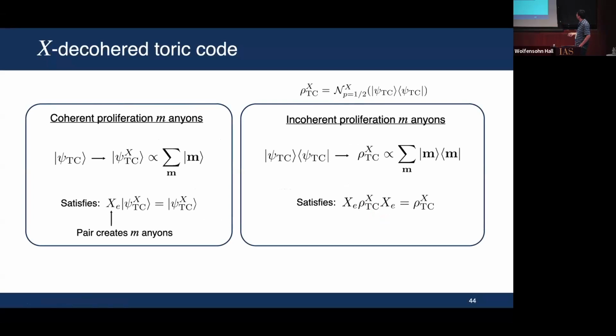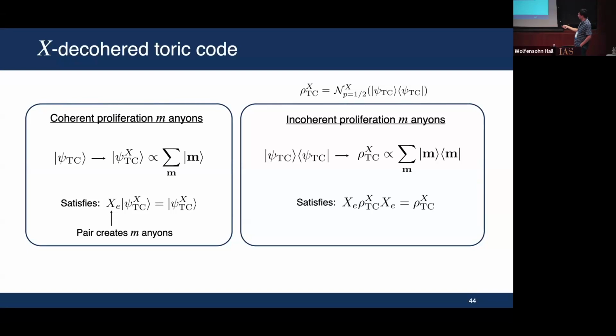So how do we visualize these states? One way to visualize states is to think about it in terms of the m excitations, because by applying the X operator, we flip the plaquette terms. That creates excitations on plaquettes, which are the m anyons. Here I'm contrasting two kinds of condensations. One of them is a coherent condensation of m anyons, which means we simply make a coherent superposition of states with m anyons populated in all possible ways.